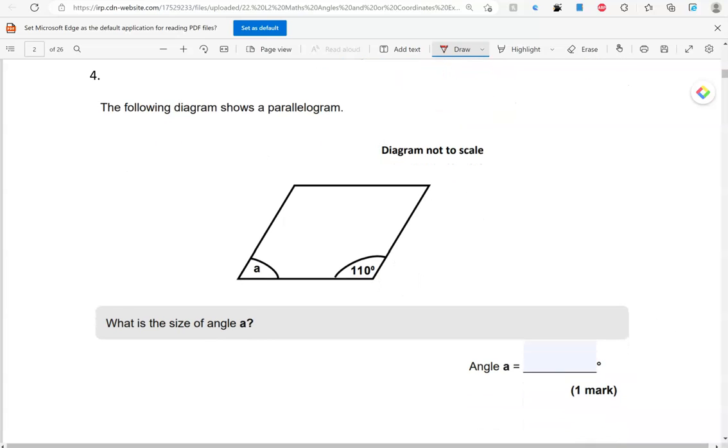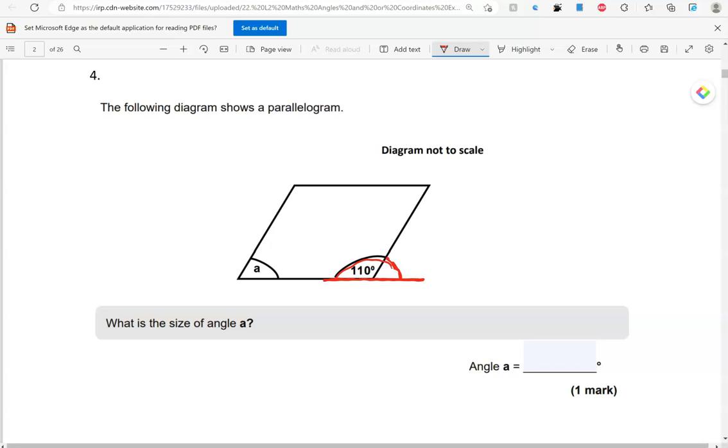The following diagram shows a parallelogram. What is the size of angle A? The way that angles are in a parallelogram means that if I draw here angle A, it fills this gap, and all together with 110 degrees that we have here, this angle, that will be 180, because this is a flat line.